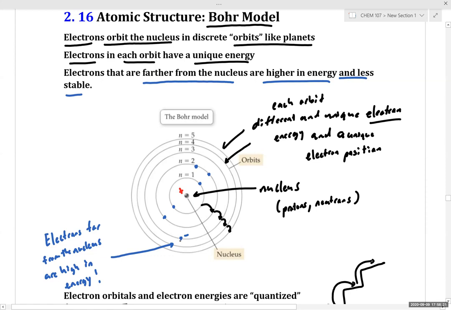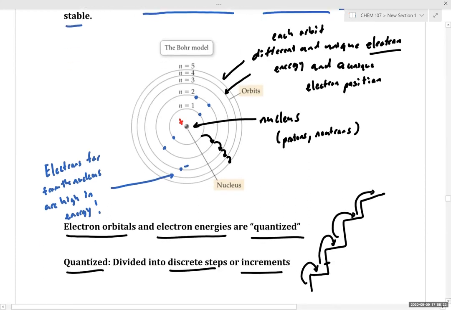And the electron position and energy is quantized, which means it can only occupy discrete values, discrete steps. We can't occupy positions other than these discrete orbits in the Bohr model. Does that make sense? Any questions on that?